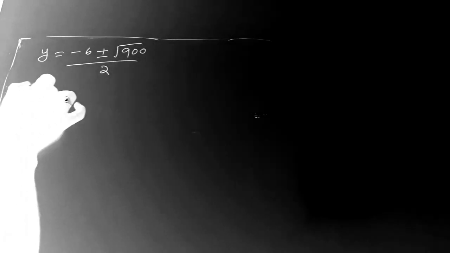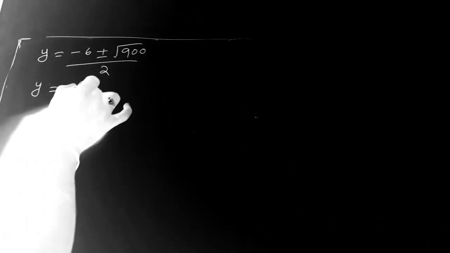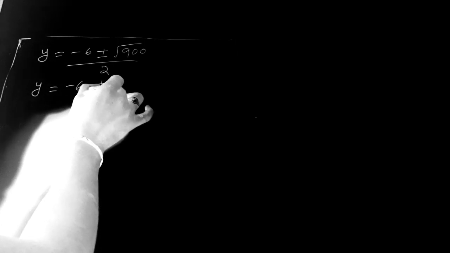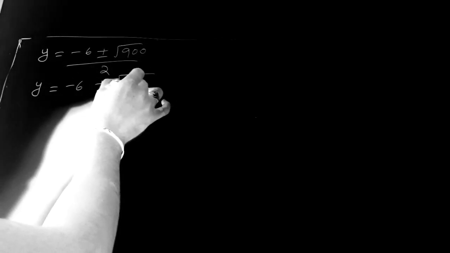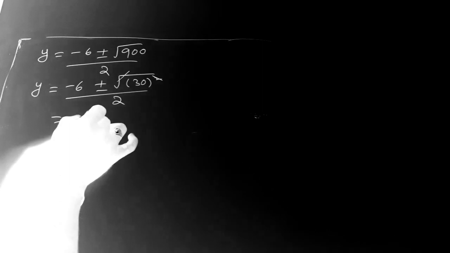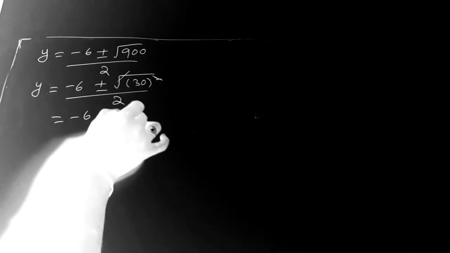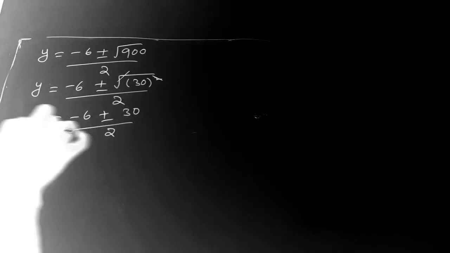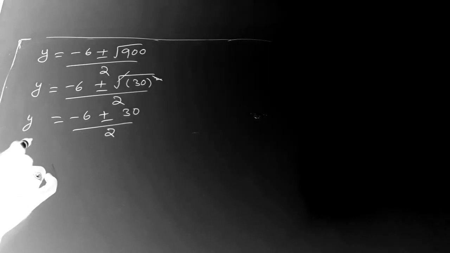Now we will simplify this. We can write 900 as 30 square, so the square and root get cancelled. Minus 6 plus or minus 30 by 2. One time you take plus 30, one time you take minus 30.